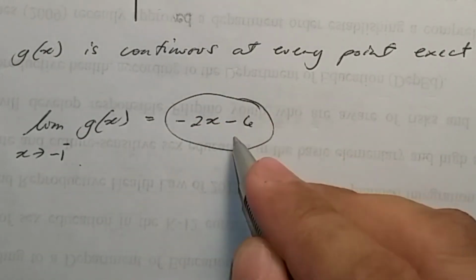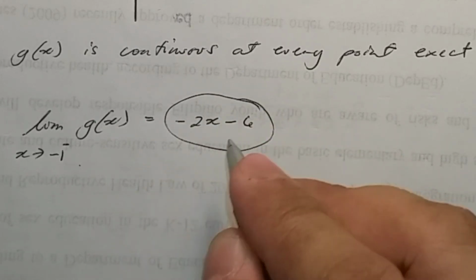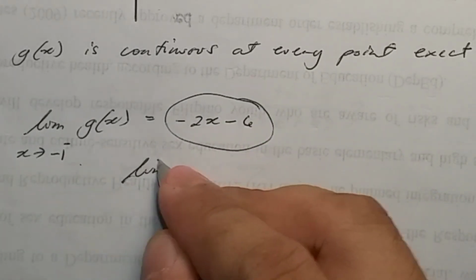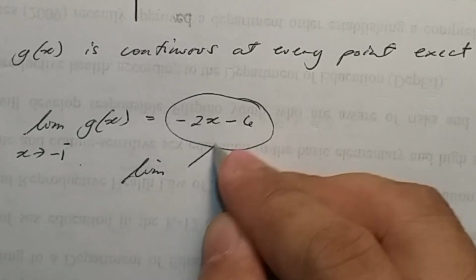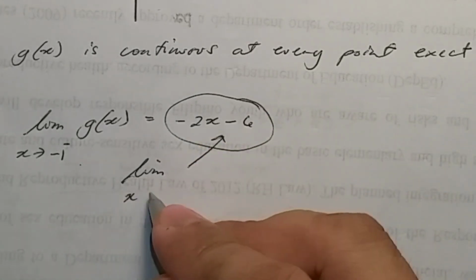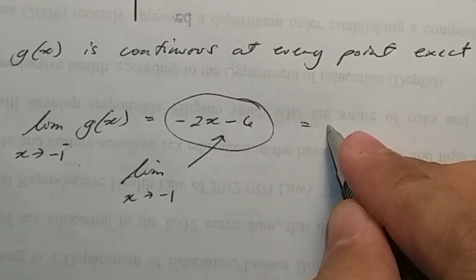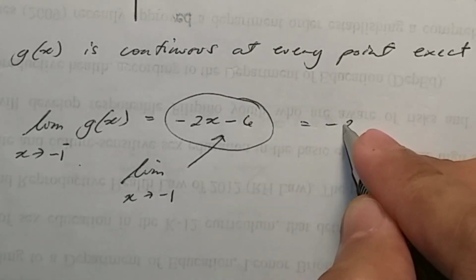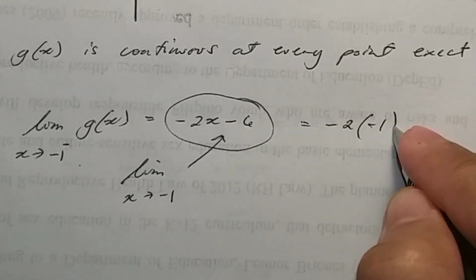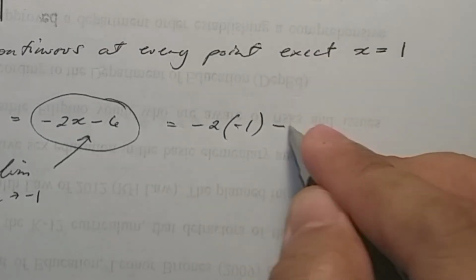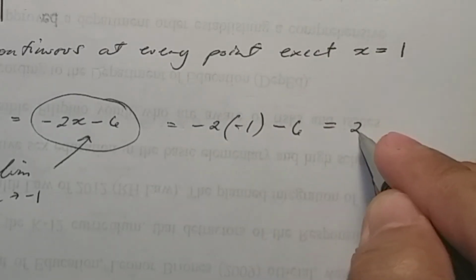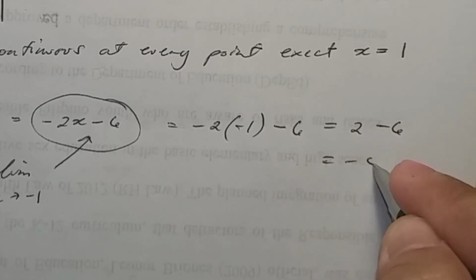Here we need to take the limit of this function as x approaches -1. The value here is minus 2 times minus 1 minus 6. So we have 2 minus 6, which is minus 4.